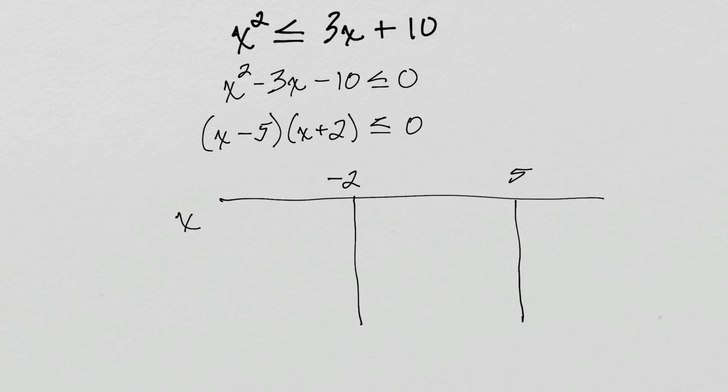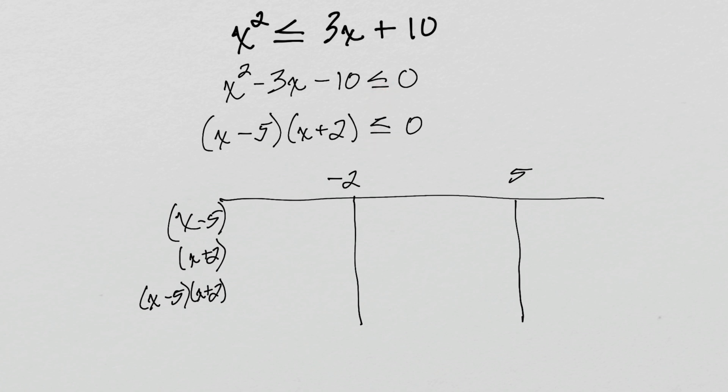So I have one factor, x minus 5, another factor, x plus 2, and then what is the product of x minus 5 times x plus 2? So we're going to figure out where this is going to be less than or equal to 0.